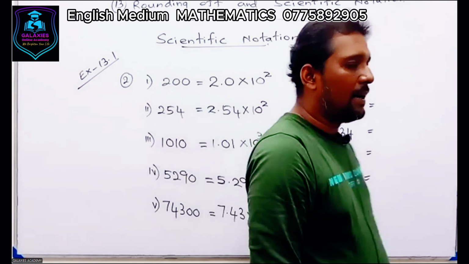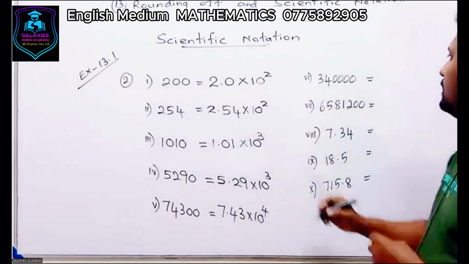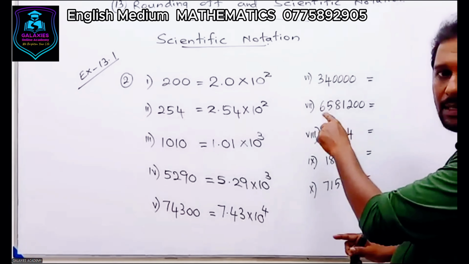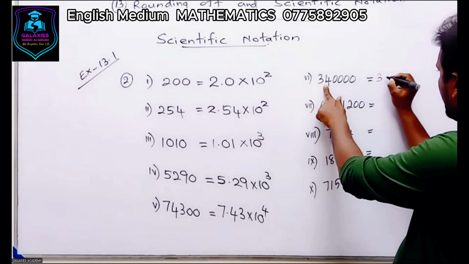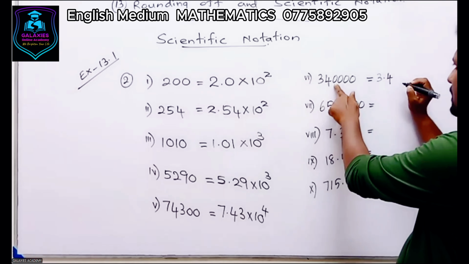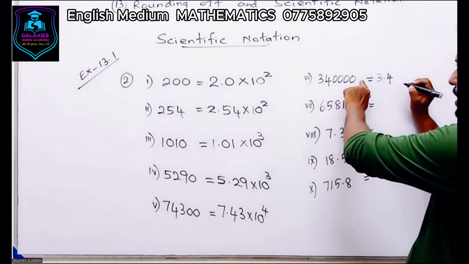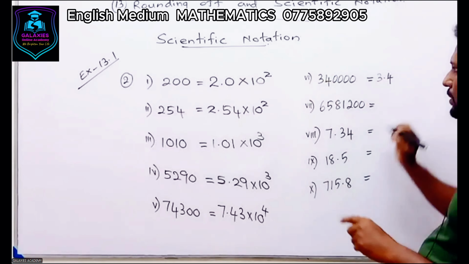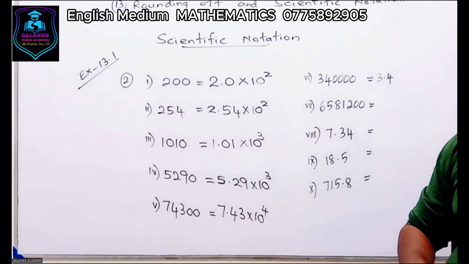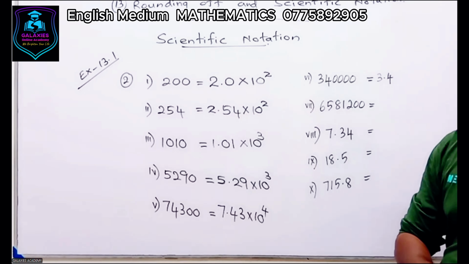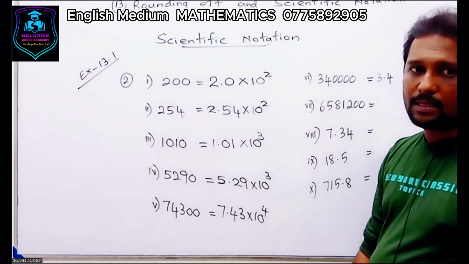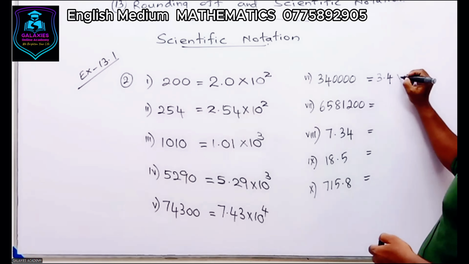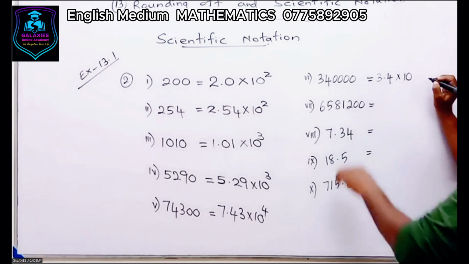Right, then look at part number 6. We have to keep the decimal point after 3. So 3.4000. These last 4 zeros we don't need to write down because it is useless to write the zeros at the end of decimal numbers, right? Multiply 10 to the power.